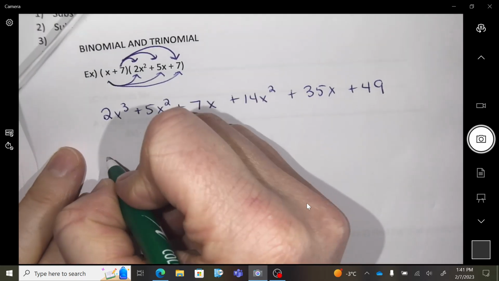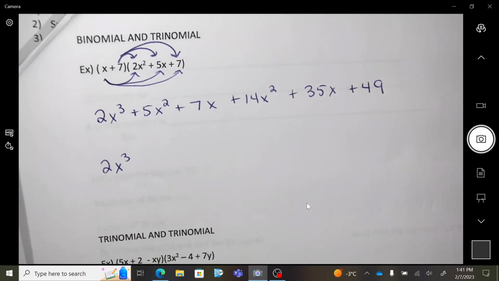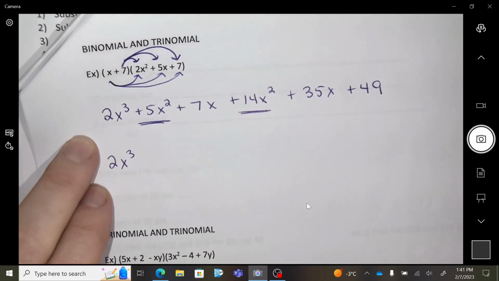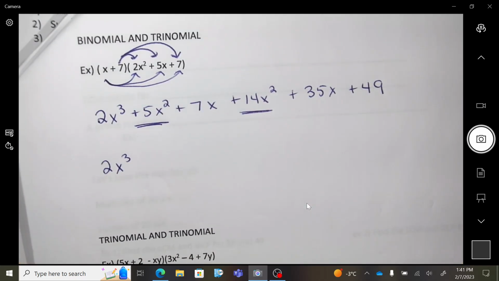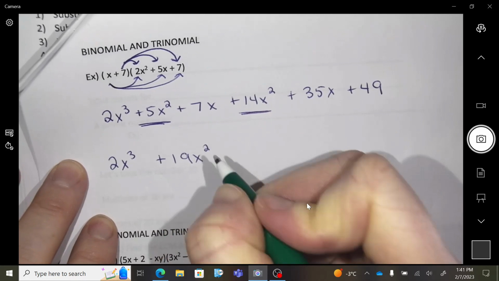Now let's put stuff together. So 2x cubed, just leave it, there's nothing to do with it. But I see x squareds and x squareds. So how many x squareds do I have altogether? 19 x squareds.